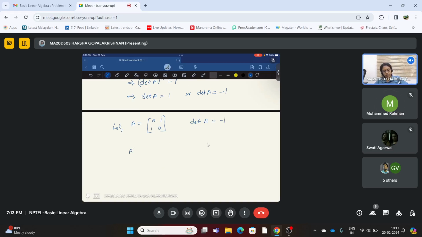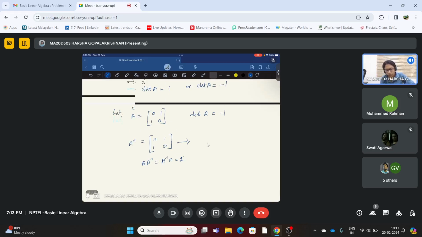What is A inverse? A inverse also 0, 1, 1, 0. You can just try A into A inverse is identity or not. A into A inverse is A inverse into A equal to identity. So this is our inverse.